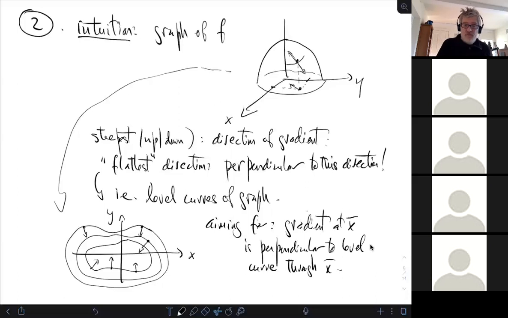I'm talking about a level curve here because I'm considering a function of two variables, but this will be true for any number of variables, and we'll see how we can use that, okay? So this is what we'd like to verify.